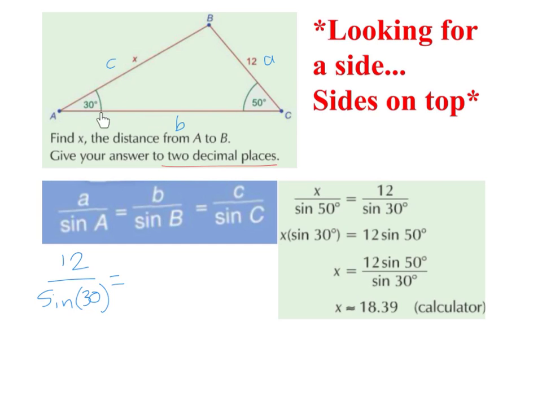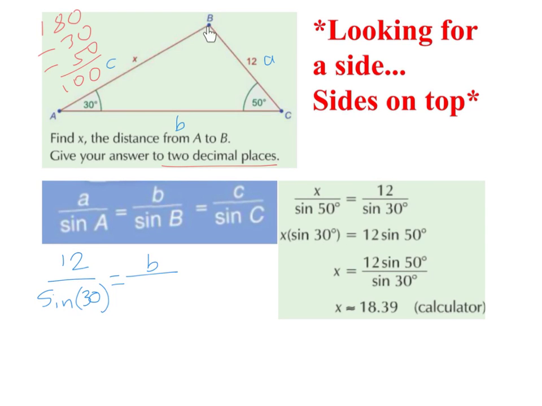It's not labelled as X, it's not labelled as 12, so we're just going to leave it as side b, divided by sine of angle B. Sine of angle B is up here. Now there's nothing labelled, but we know that this is 30 and this is 50, and angles in a triangle all add up to 180 degrees. So 180 minus 30 minus 50 leaves us with 100 degrees.